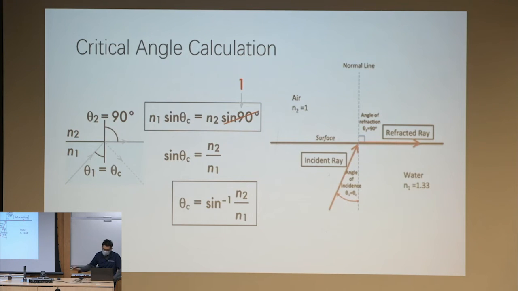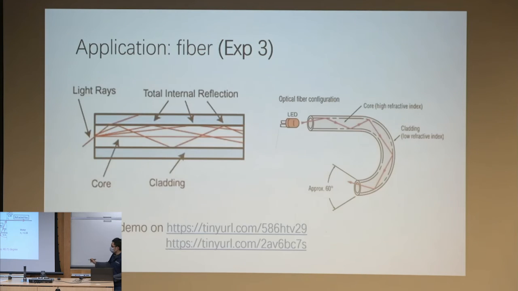When we shine a light from water to air, what is the critical angle in this condition? Again, I will stop 1 or 2 minutes to let you calculate. Okay, so the answer is 48 degrees.